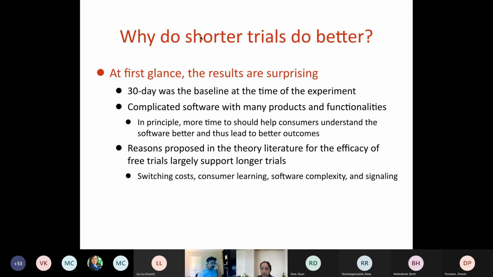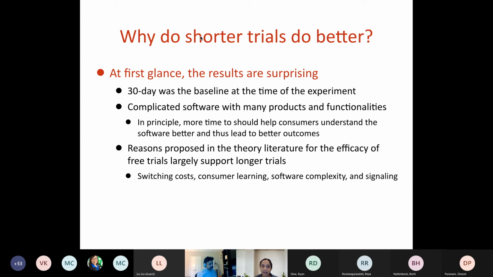If you look at the theory literature on free trials, most of the reasons actually support longer trials being more effective. Things like switching costs, consumer learning, software complexity, and signaling all suggest that longer trials should be better, but we actually find the opposite.